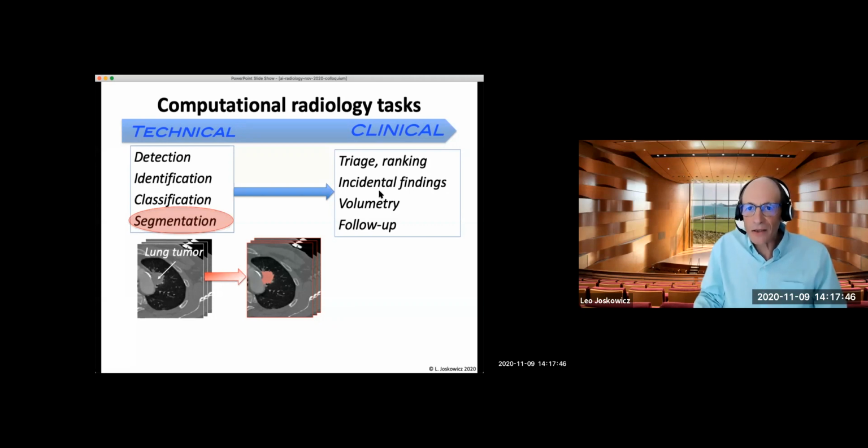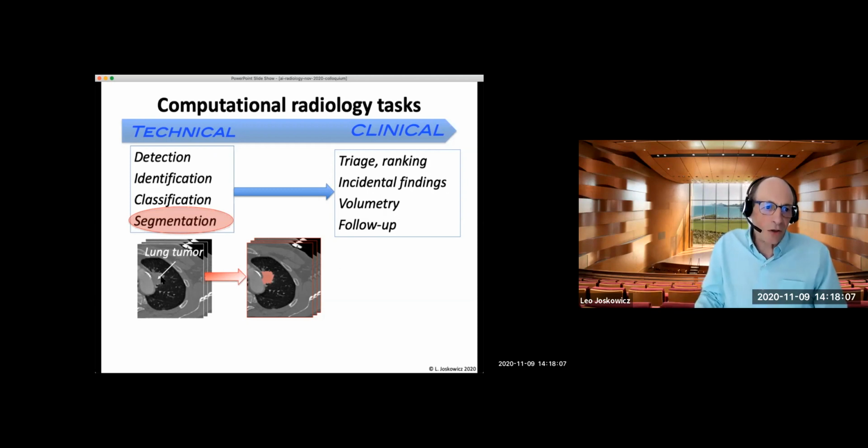Incidental finding means you take a scan for one reason and then suddenly you find a tumor. For example, it might be that a body CT was acquired to examine the liver, and the radiologist notices that there is a tumor in the lungs, and this is called an incidental finding. You can have volumetry.